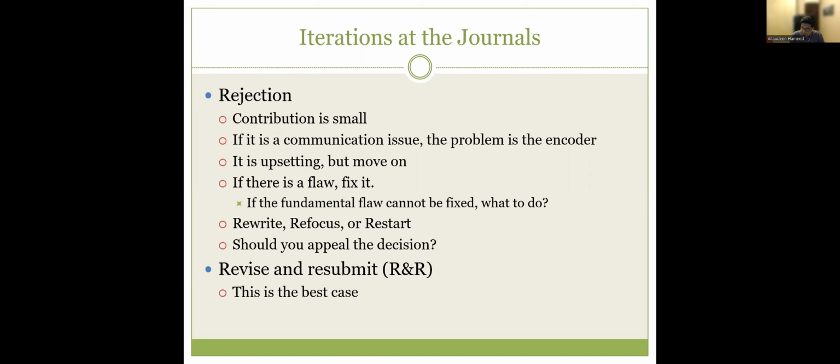Rewrite, refocus, restart, whatever works for getting the paper to the next level. Appealing is normally not recommended, unless you think that the referee had made a gross error. In general, if you get a reject, you just take a break before you make any appeal decisions.